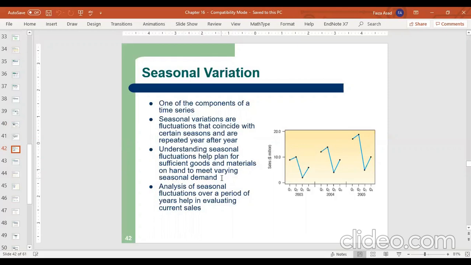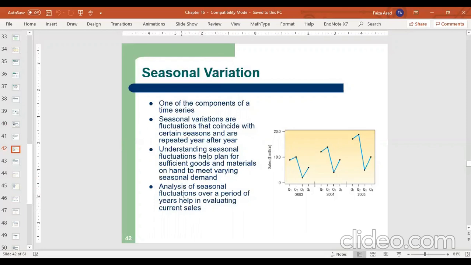So it's good for a firm if they have planned to cater to these demands, and have the product available in a particular season. Analysis of seasonal fluctuation over a period of years helps in evaluating current sales.